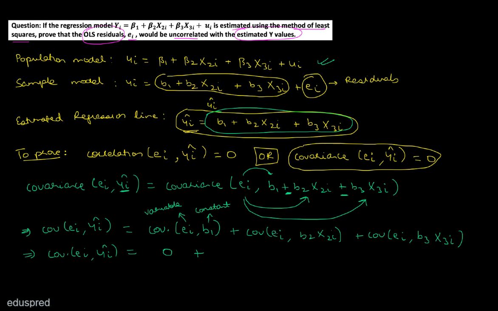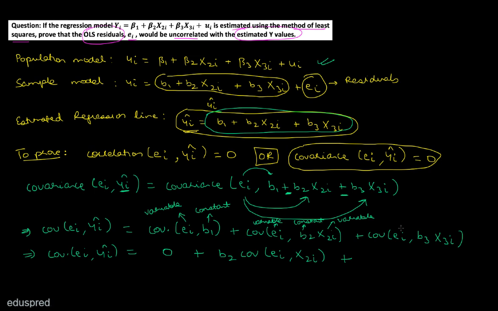In the second term, we have covariance of ei with b2 x2i. Now once again we can apply a property of covariance to solve this. ei over here is a variable, b2 is a constant, and x2i is also a variable. Now according to our property of covariance, we can take the constant out and we can write this expression as b2 multiplied with covariance of ei with x2i.